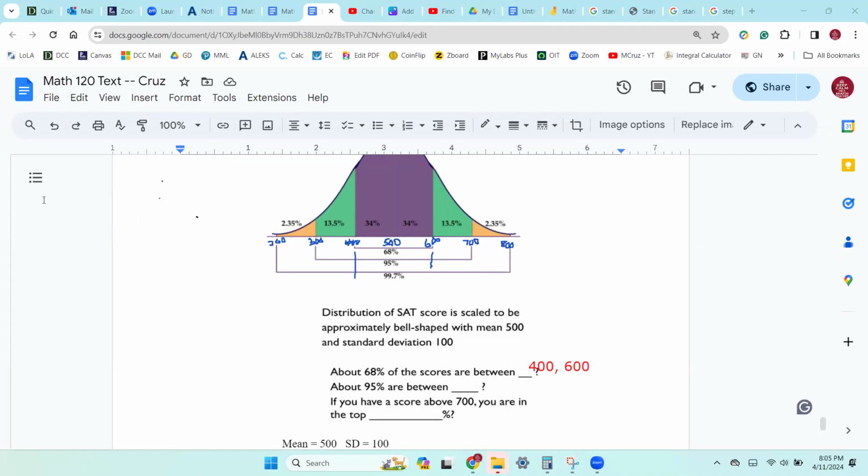Now remember that 2 standard deviations is the 95%. So that's here and here. So for 95%, it's 300 to 700.